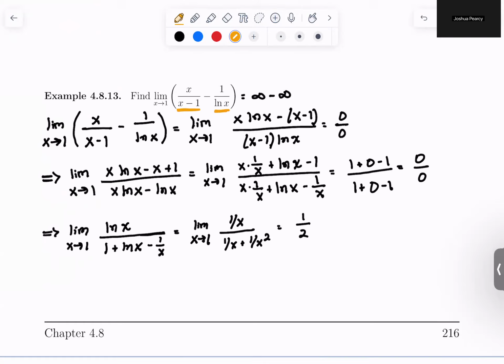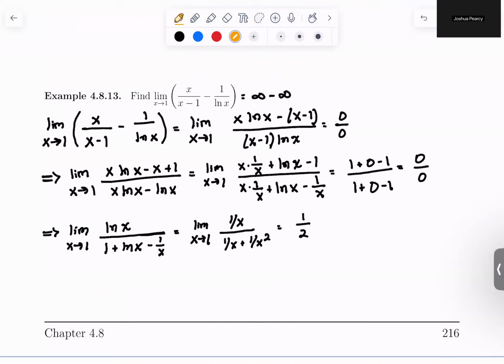So I need to multiply this piece here by ln of x over ln of x, and I'm left with x ln x in the numerator. Then I need to multiply this piece here by x minus 1, and I'm left with x minus 1 right here. Once I simplify, I'm left with x ln x minus 1 in the top, and x minus 1 times ln x in the denominator.